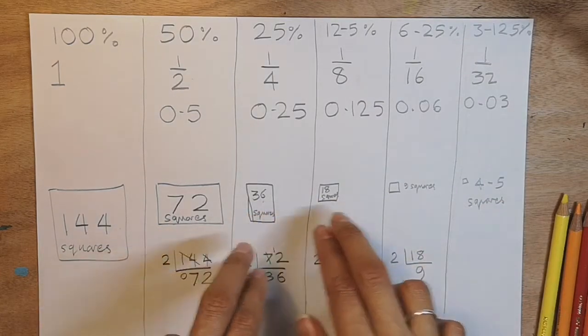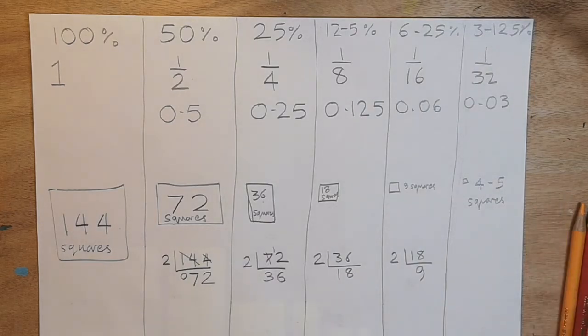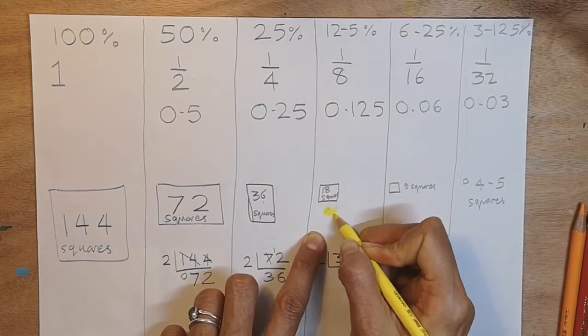Now's the fun bit, and decide what colours you're going to use to colour each one. So, for me, I'm going to go with 18 squares yellow.